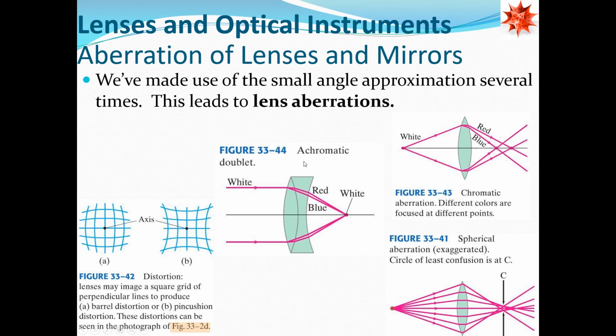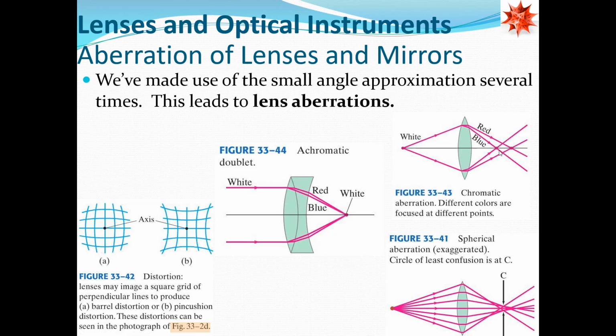You also get chromatic aberration, basically the fact that as light is traveling, the different colors of light will refract differently. So you'll get the colors almost blurring a bit.